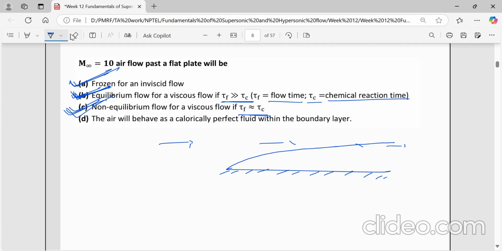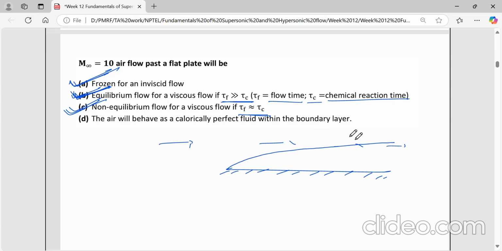And if you see option D, it says the air will behave as a calorically perfect fluid within the boundary layer. This is wrong, because for Mach number 10, inside the boundary layer, the kinetic energy will be changed to thermal energy.